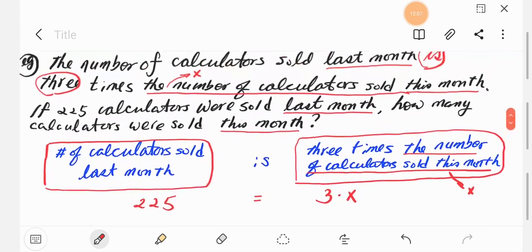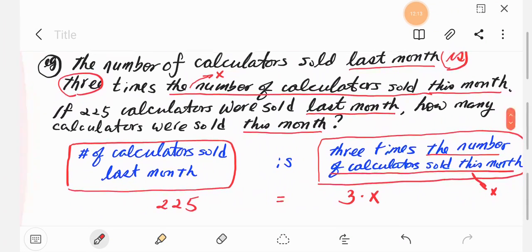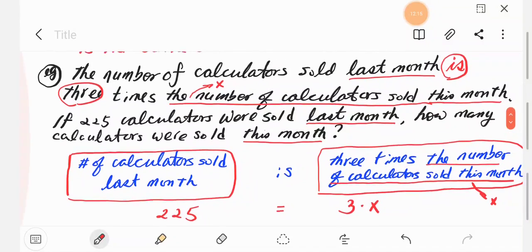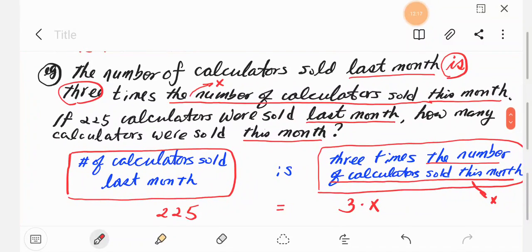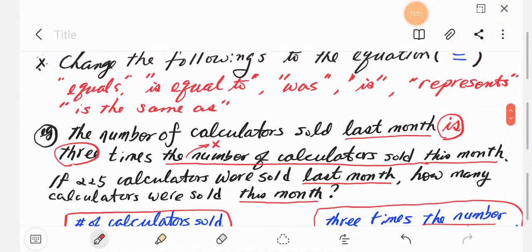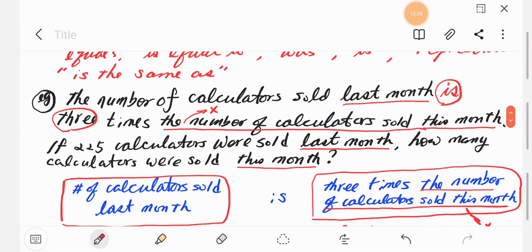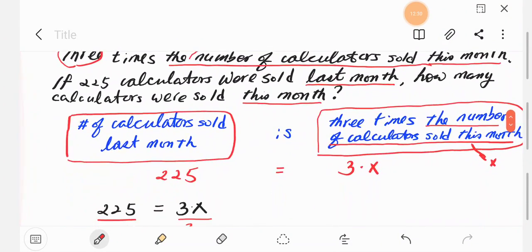Okay, so it is very important to convert the word problem into an equation. When you convert to an equation, we must have the equal sign. And the equal sign comes from the verb is or equals, is equal to, or something like this. Then you can replace this verb with an equal sign.